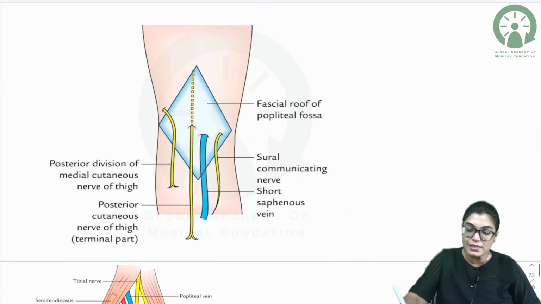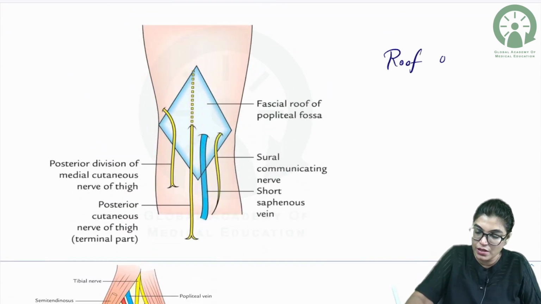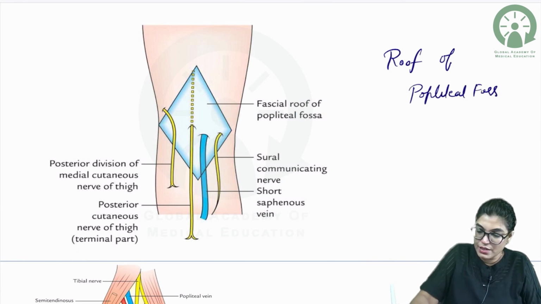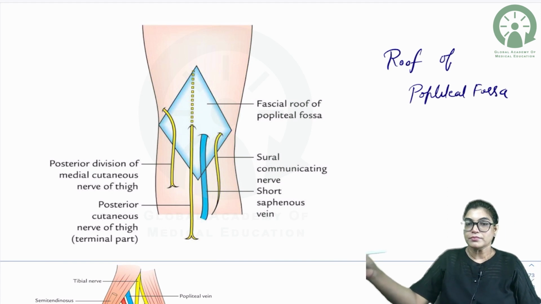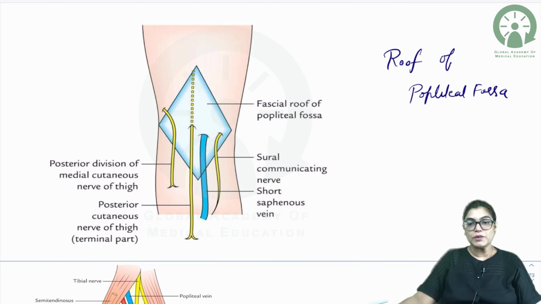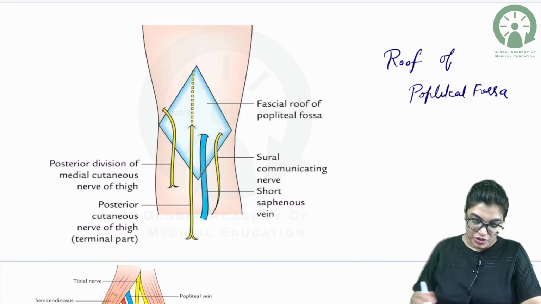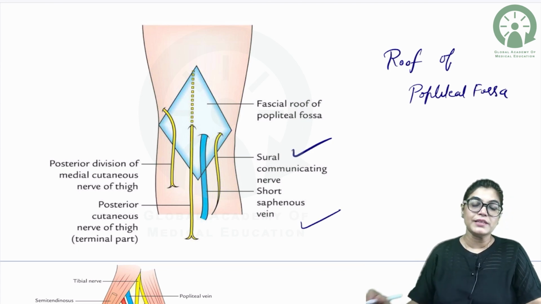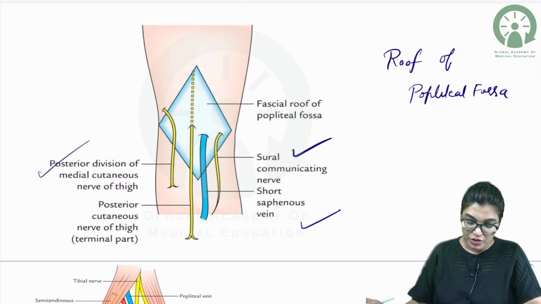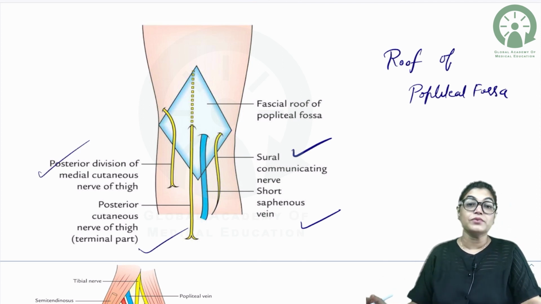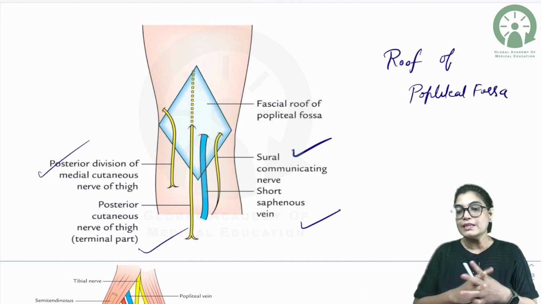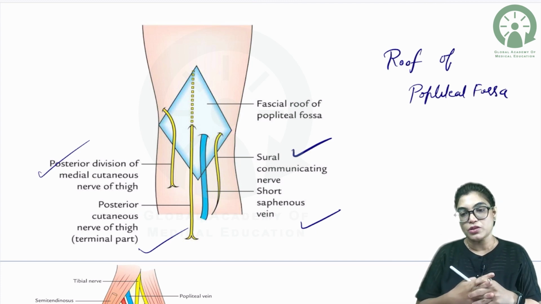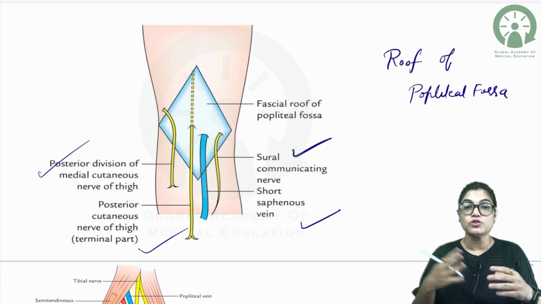Now, the structures residing in the roof of the popliteal fossa. The roof consists of skin and superficial fascia, which contains the following structures: sural communicating nerve, short saphenous vein, which drains into the popliteal vein, the posterior division of the medial cutaneous nerve, and the terminal part of the posterior cutaneous nerve. All these are the contents of the roof of the popliteal fossa, contained in the superficial fascia.